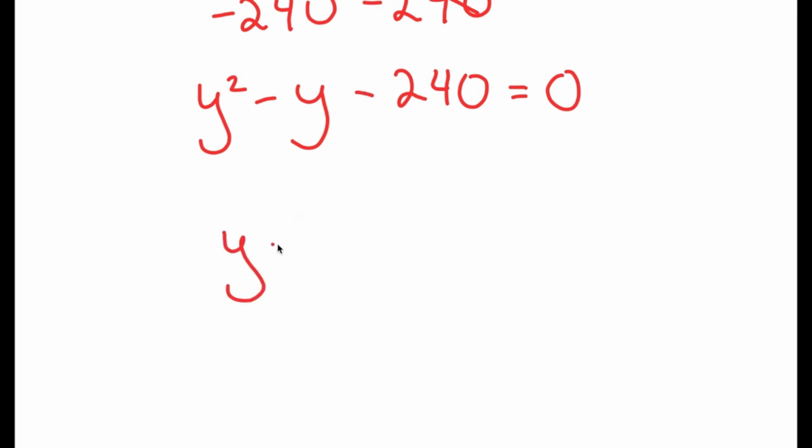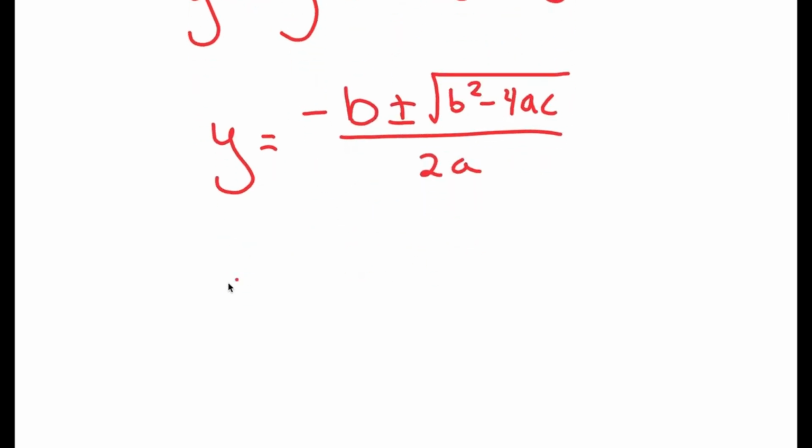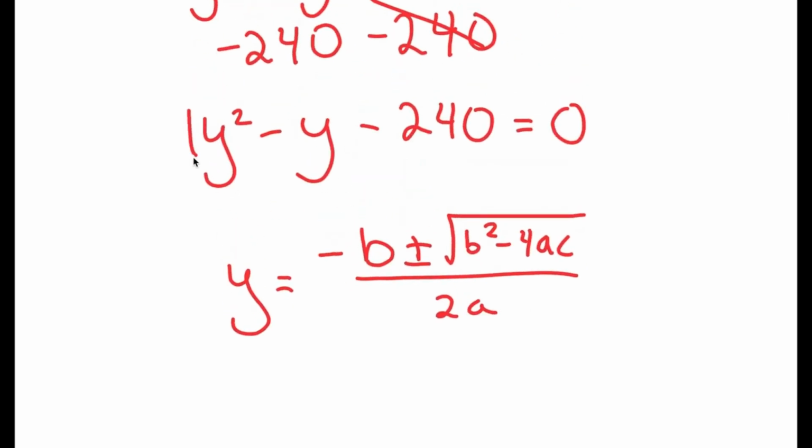So if you guys already know, the quadratic formula is negative b plus or minus the square root of b squared minus 4ac all over 2a. So in this case, looking over here, a is 1, b is negative 1, and c is negative 240.